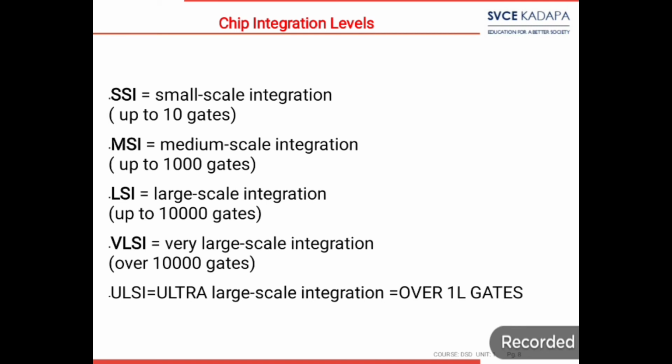At present we go for VLSI, and in future also VLSI. These are very important integration levels. In SSI you can integrate up to 10 gates, in MSI 1000 gates, LSI 10,000, VLSI 10,000 to 1 lakh transistors, and in ultra large scale more than 1 lakh gates are integrated in a single chip.